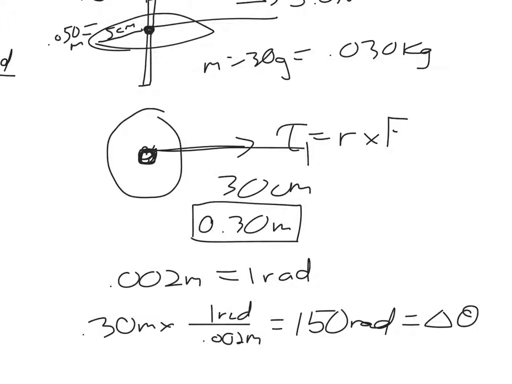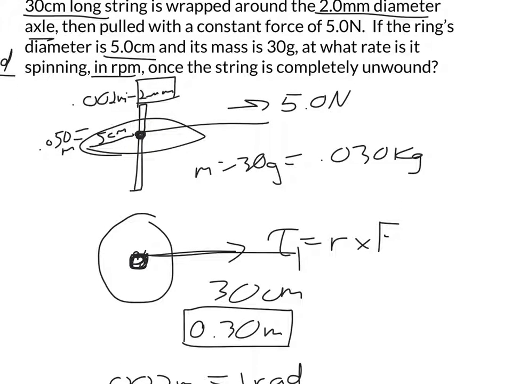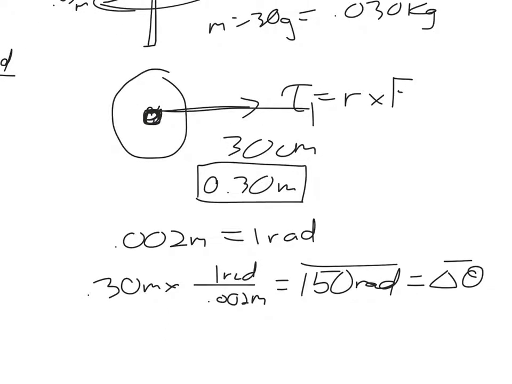Okay, so I have a theta. That's a given, that's 150. What else do I have? I've got mass, that's fine. Let's go up here. I'm going to go ahead and say I have a starting velocity. We're going to say it starts at rest. So V naught and omega naught are both going to be equal to 0.